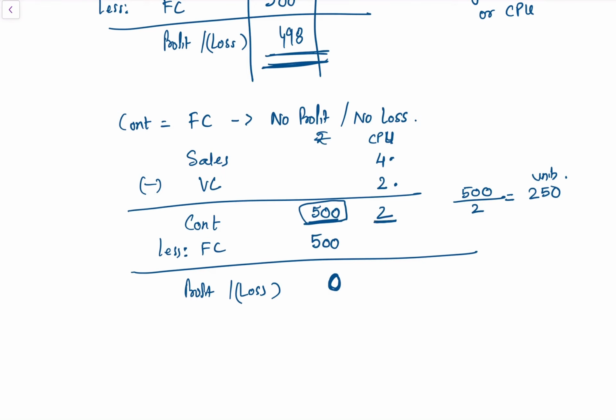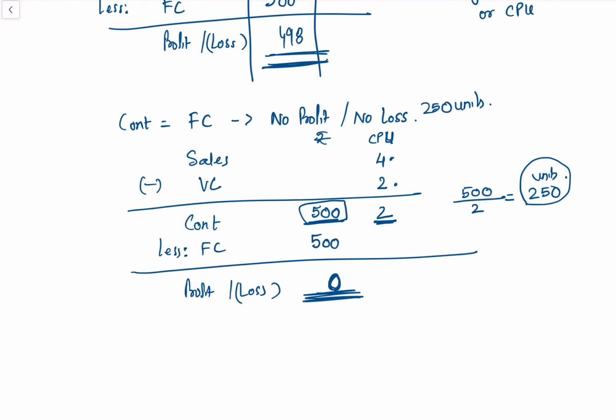That is the reason contribution is 2 I have taken. So if my contribution amount is 500 and my cost per unit is rupees 2, can I say 250 units is what I can produce where my no profit, no loss position comes.